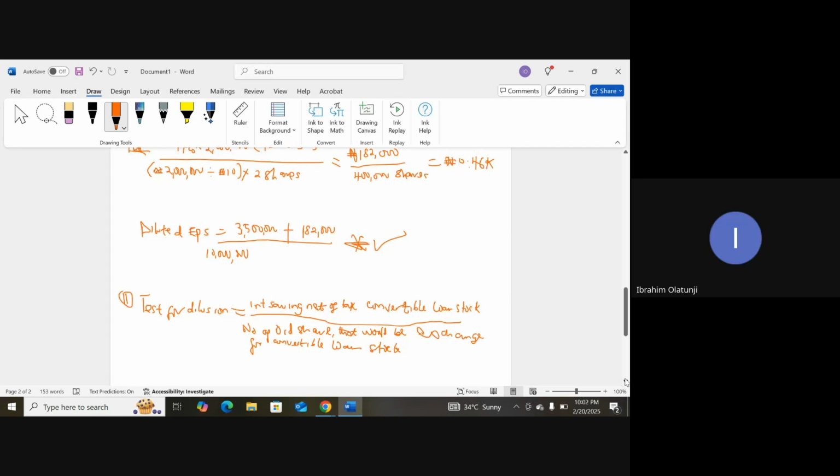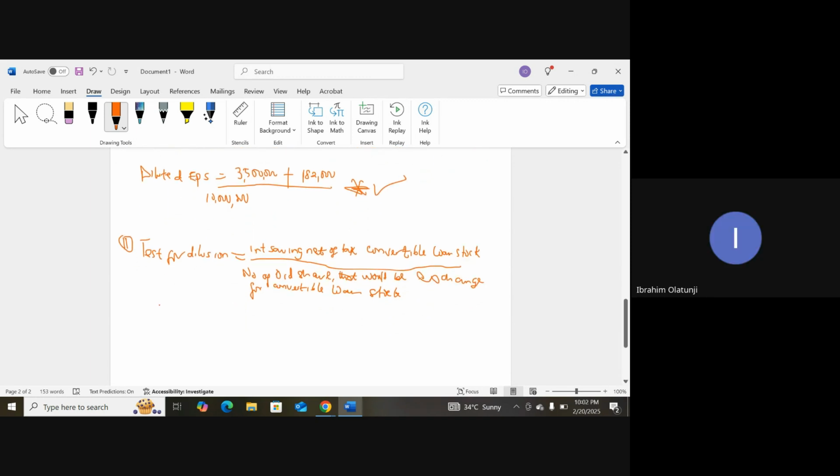So, as a result of that, then we move on. Say is equal to how many percent? 10% of what? Of 4 million. 4 million net of tax.